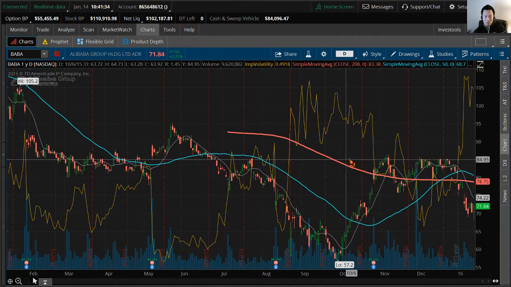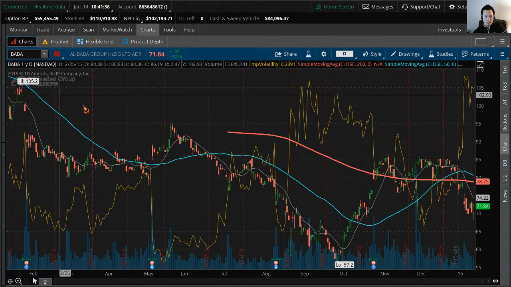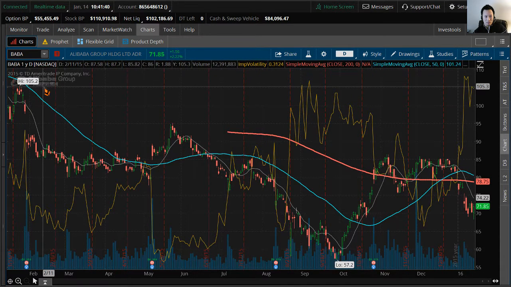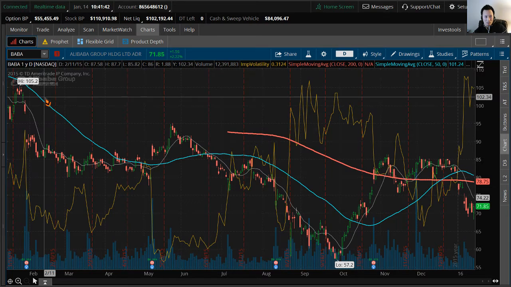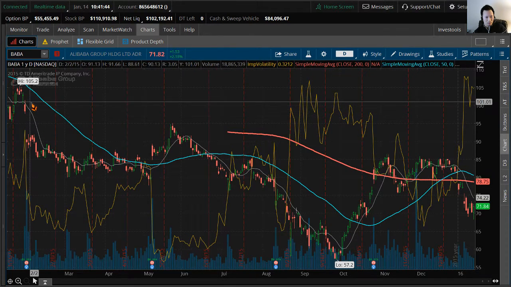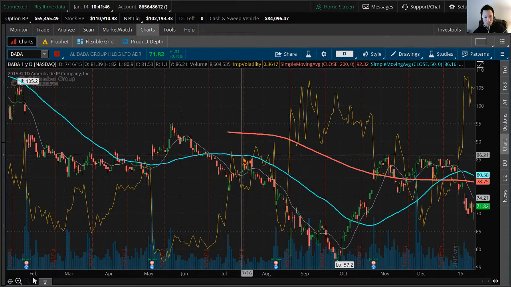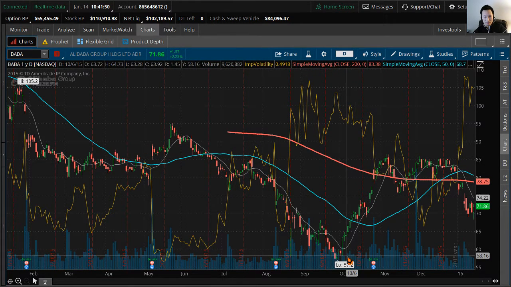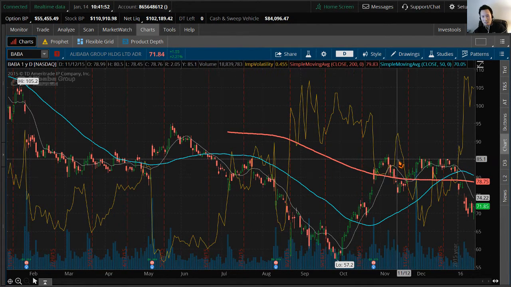Second thing is, what's BABA trading like? In this case, BABA made a high at 105 back in February of '11. Since then it's gone down, bottomed at 57, and hit a ceiling around 85.